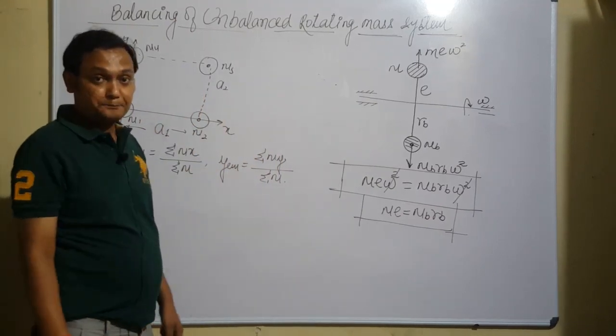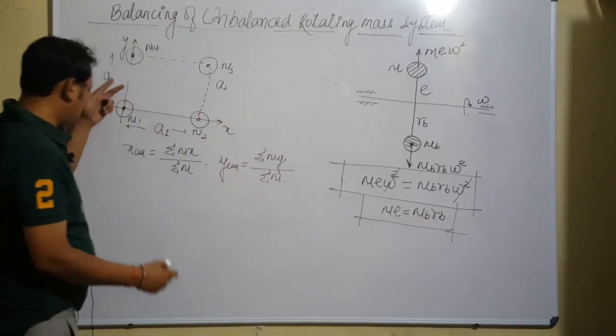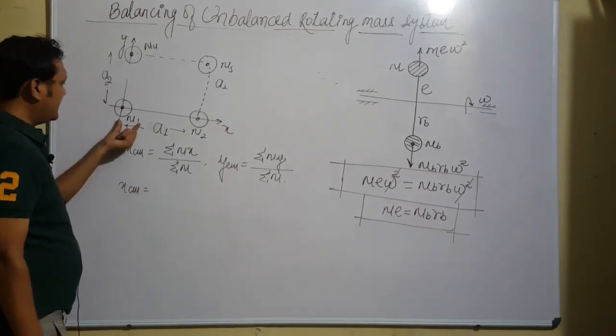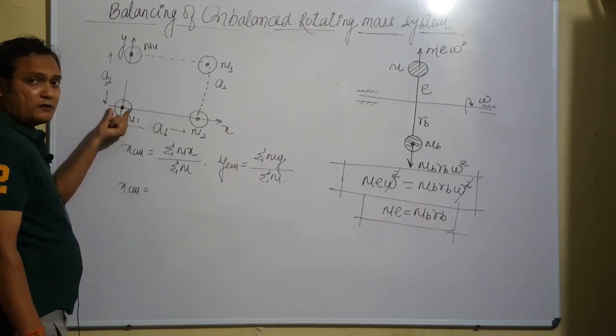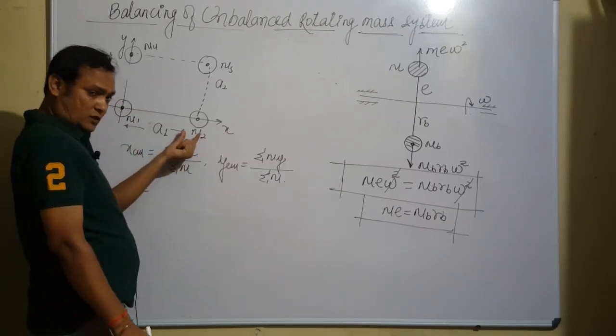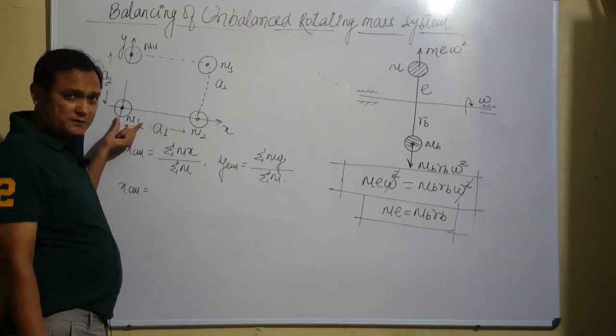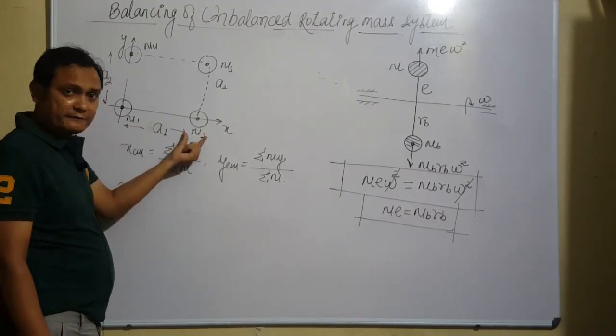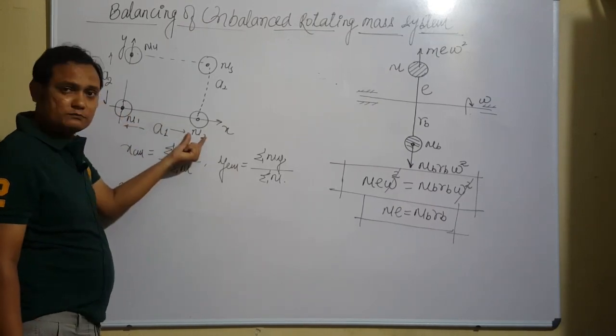सब लोगों ने पढ़ा. तो इस केस में xcm अगर मुझे निकालना है, if I want to calculate xcm, it will be m1 and its x1 coordinate. It is at origin, so x coordinate will be 0. So m1 multiplied with 0 will be 0. Fine. m2 into its x coordinate is positive a1 with respect to this origin.